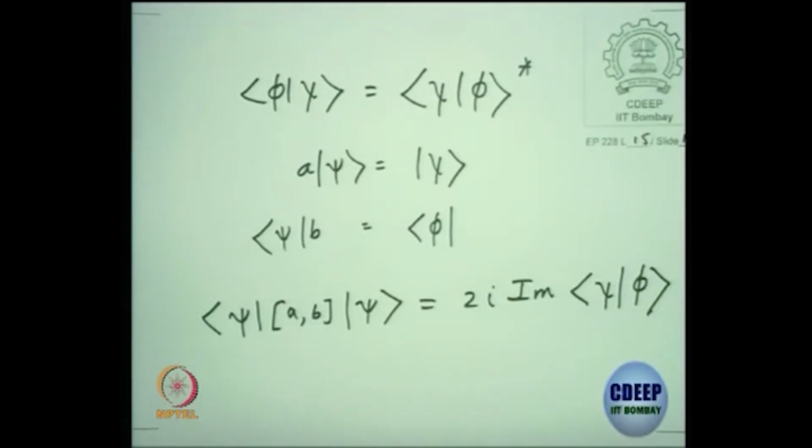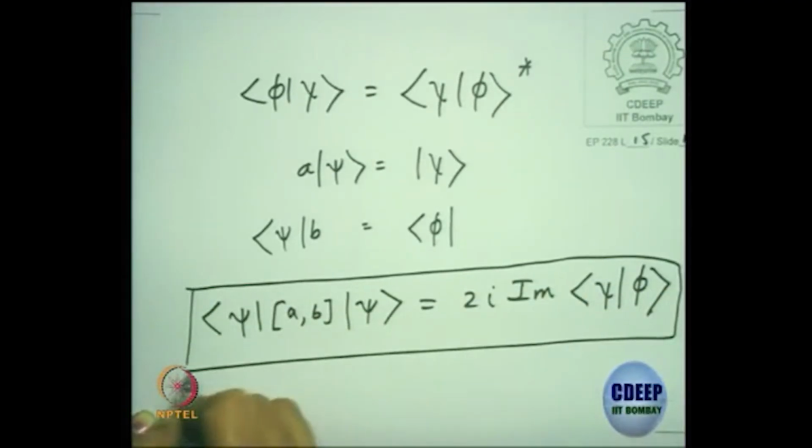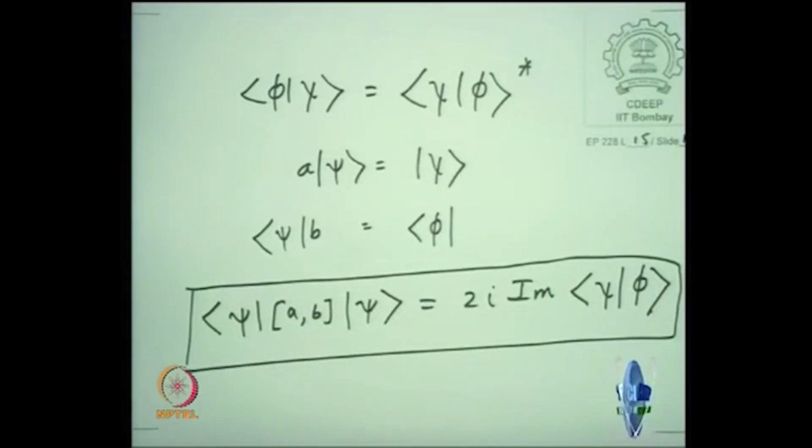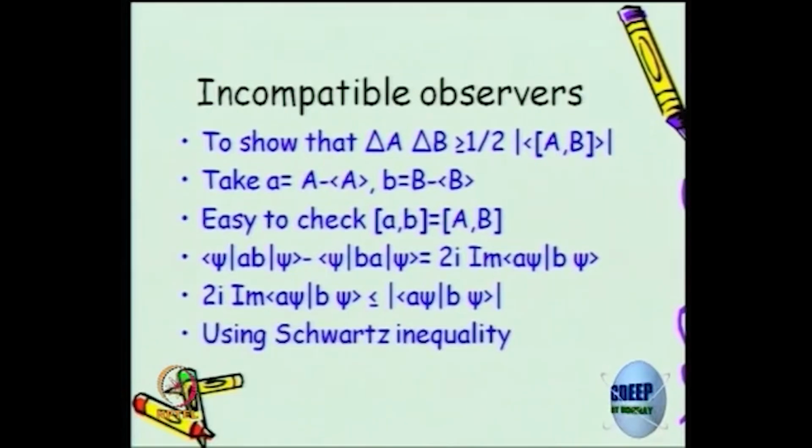I'll leave it to you to check this. And now you can add further. The imaginary part is always less than the magnitude, so you can take that modulus and then use your Schwarz inequality.